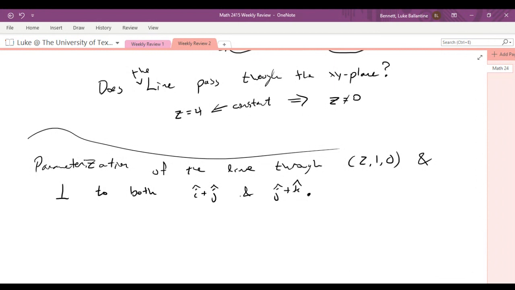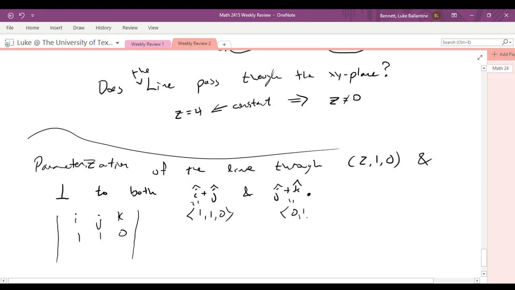Well, to find a vector that's perpendicular to i plus j and j plus k, this is the cross product. So let's go ahead and calculate that. We have i, j, k, 1, 1, 0. That's this vector. And this vector is 0, 1, 1.